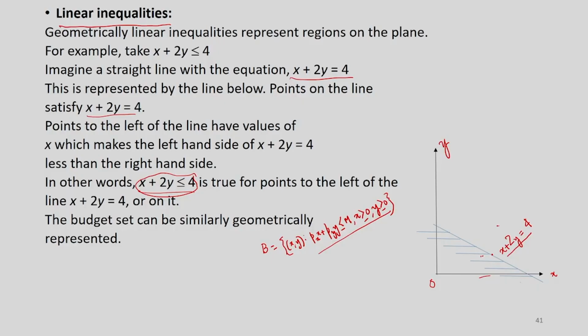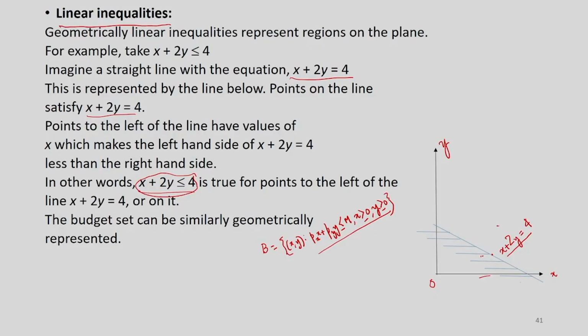This was the mathematical representation, and here there are some parameters: p x, which is the price of x, p y, the price of y, and the money income m. All these are parameters given from outside. Let us see how we can represent this in terms of geometry.